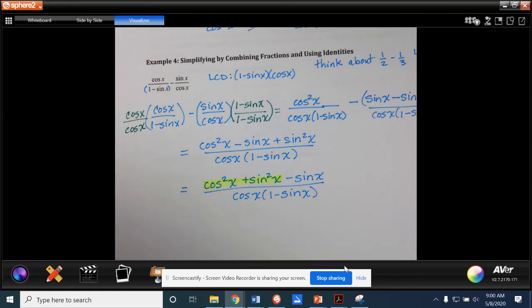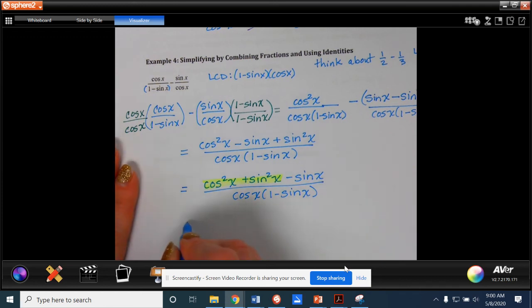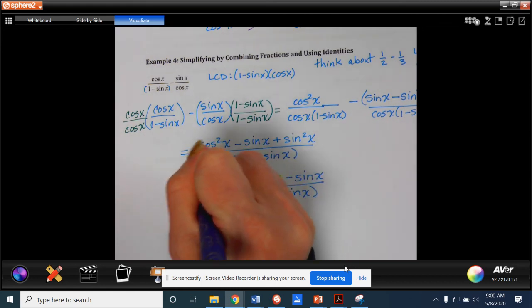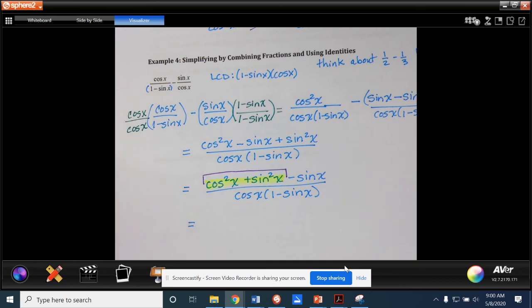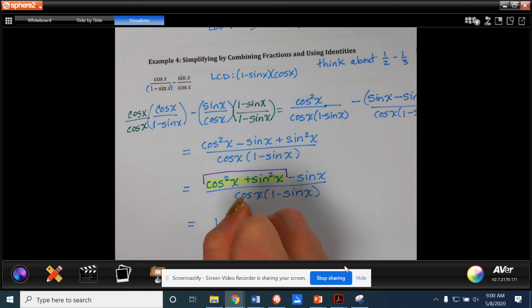Well, now I showed you in the previous video that cosine squared x plus sine squared x equals 1. Or you can say sine squared x plus cosine squared x equals 1. So let's replace this. This is an identity right here, and it is 1. So I have 1 minus sine x all over cosine x times 1 minus sine x.